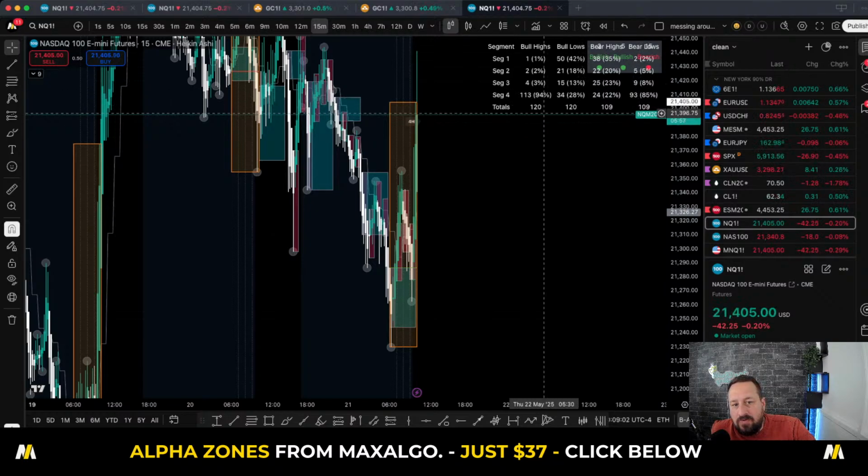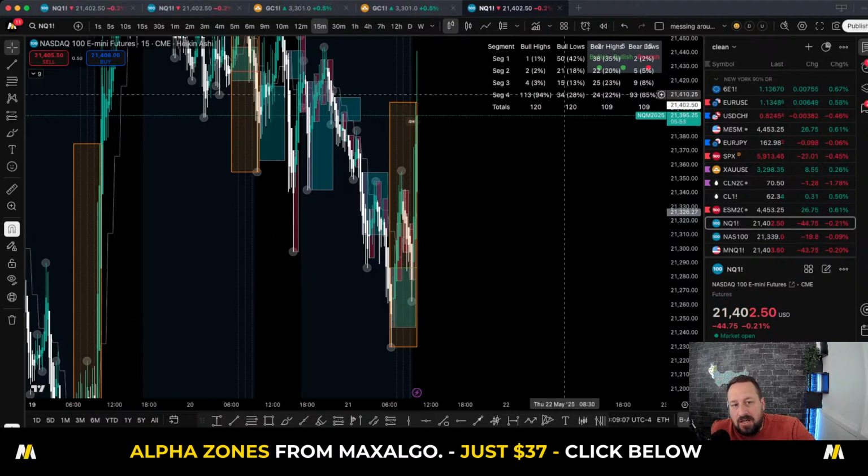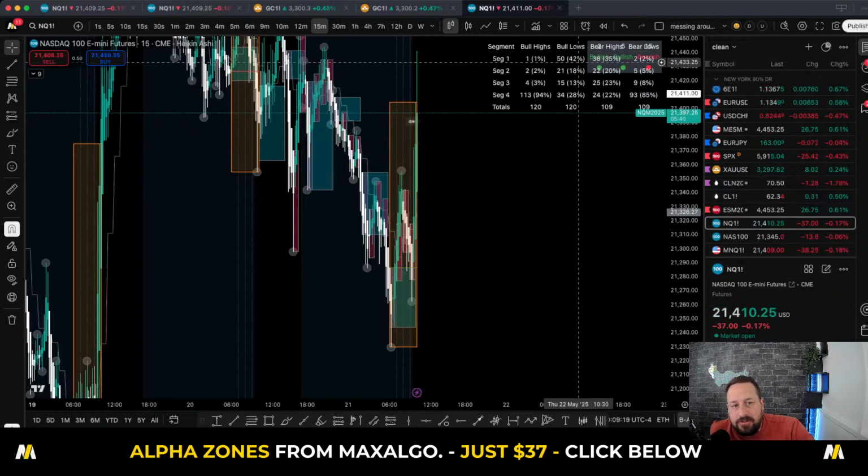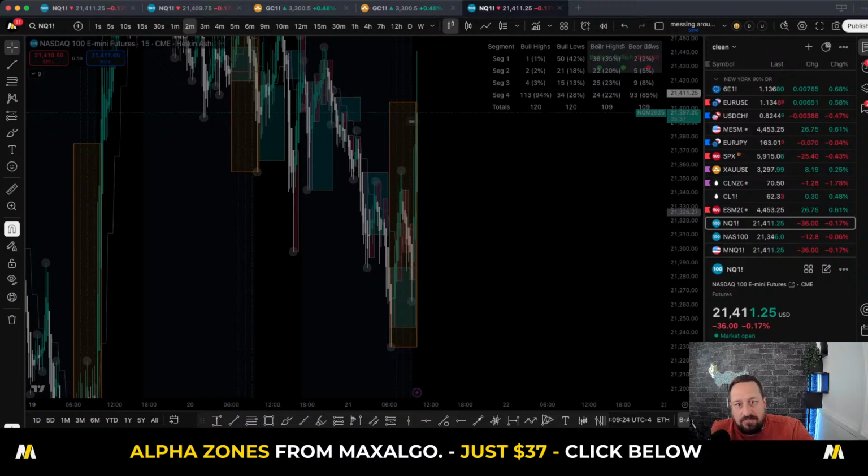And you can see over the last 120 bullish candles, 94% of the time we've put in that high, while still having good probability of not taking out the previous 4-hour, which is exactly what we did here, right?